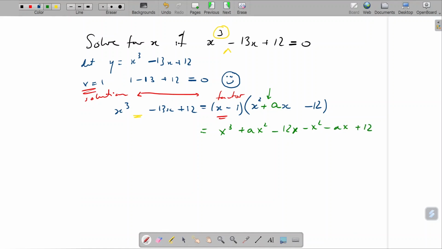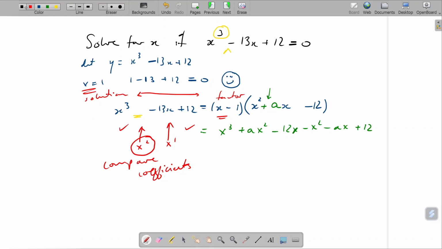And what I now want you to look at is I want to compare coefficients. I've got my x cubed. I've got my plus 12. I'm going to choose either the x squared position or the x to the power of 1 position, and I'm going to do what we call compare coefficients. My favorite number is 2, so I'm going to choose to look at the x squareds.